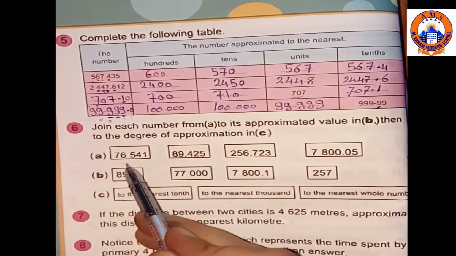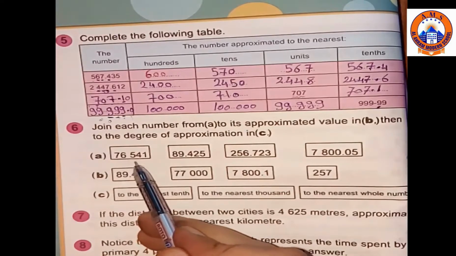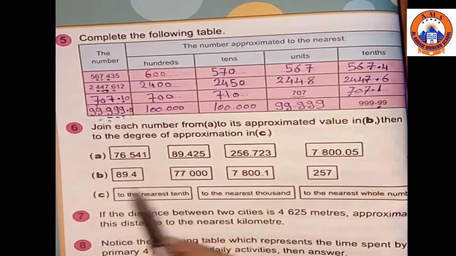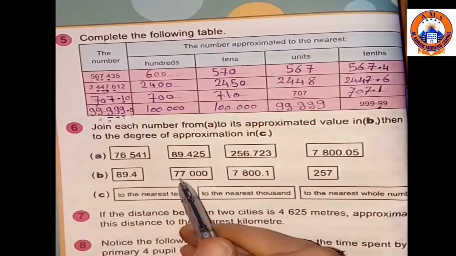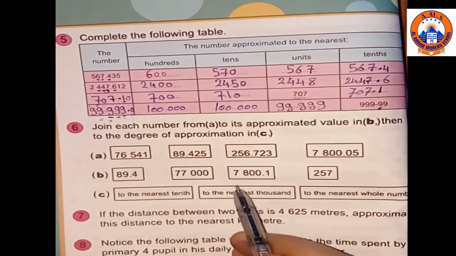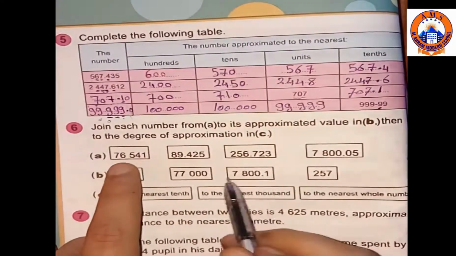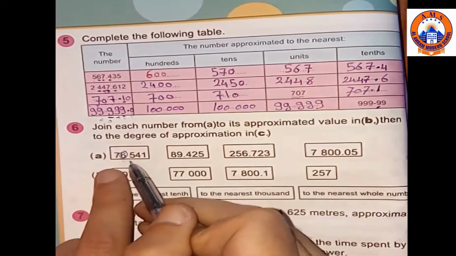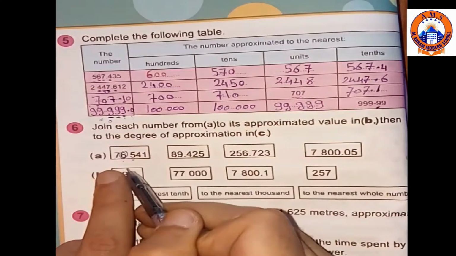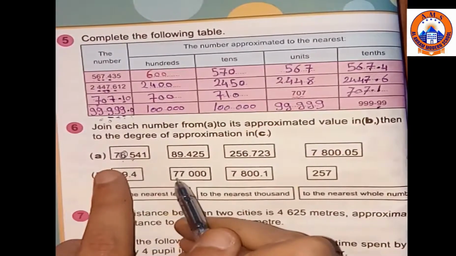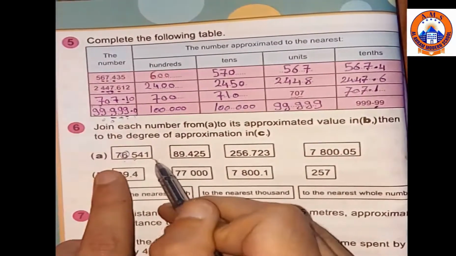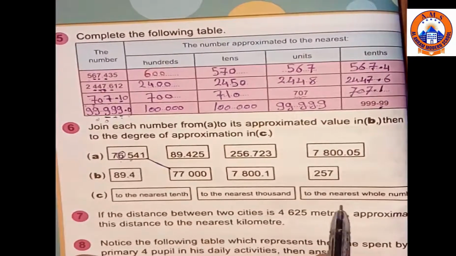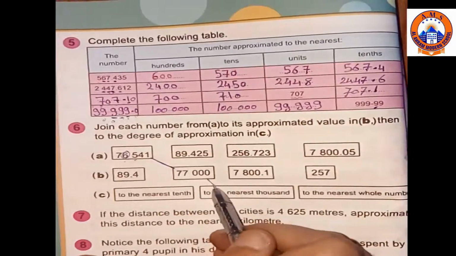The first number is 76,541, and the closest one to this number is 77,000, not 78,000, because if 76,541 is approximated to the nearest 1000, this 6 will increase because we have 5, and it will become 77,000. So I'm gonna join these two answers together and we approximate it to the nearest 1000.